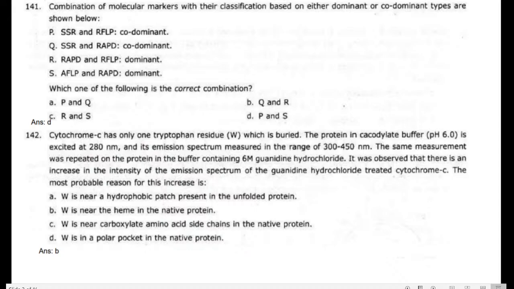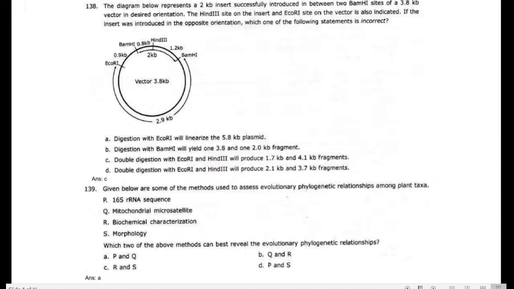Okay, the next concept on this molecular biology technique is restriction enzymes and restriction enzyme cutting sites. The diagram below represents a 2 kb insert successfully introduced between two BamHI sites of a 3.8 kb vector in the desired orientation.